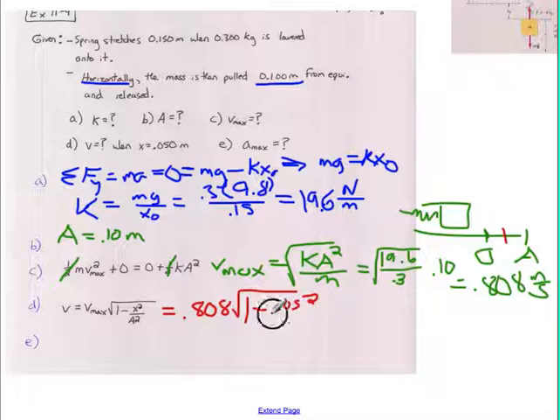Square that. And A, what was A? Yep, the amplitude was we pulled it this far. Square that. Put it in your good old calculator, and you get, according to the book, 0.070 meters per second.